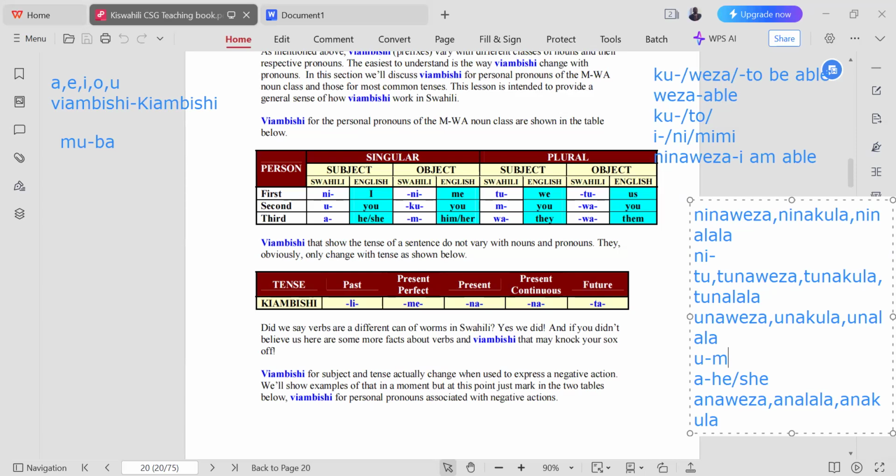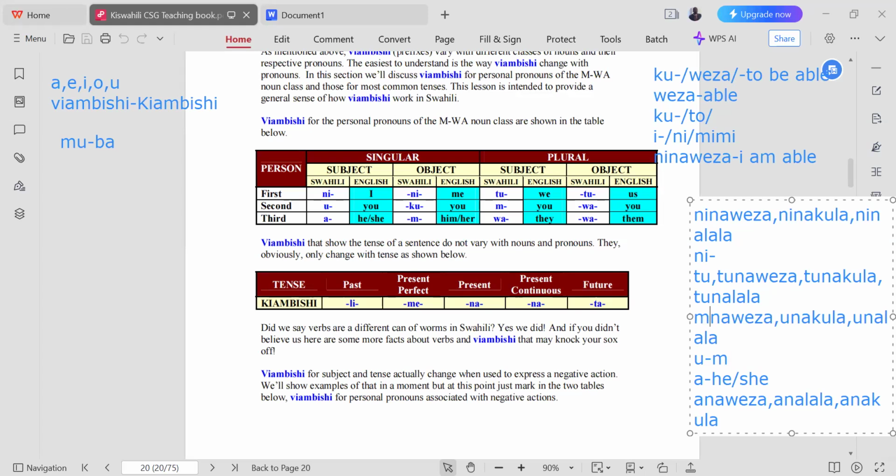Some people still put the u, which is not correct.